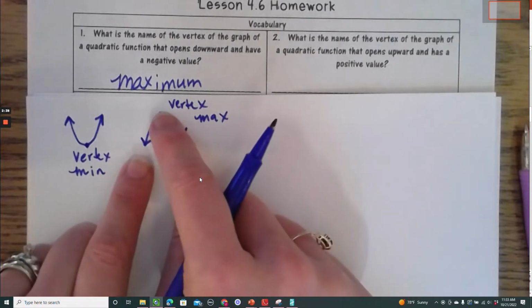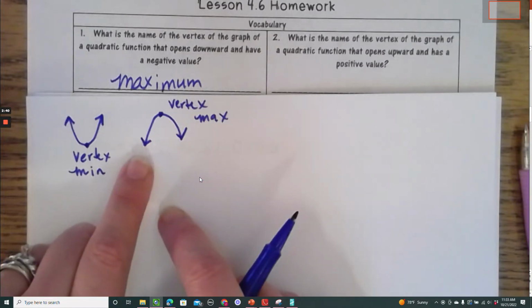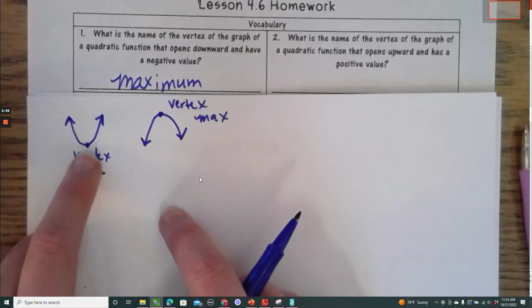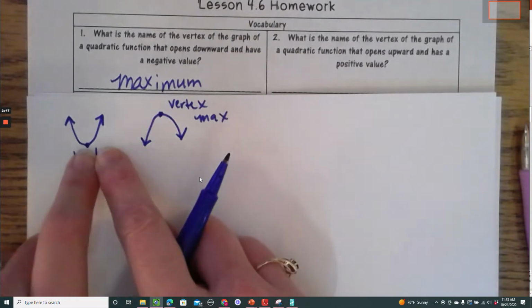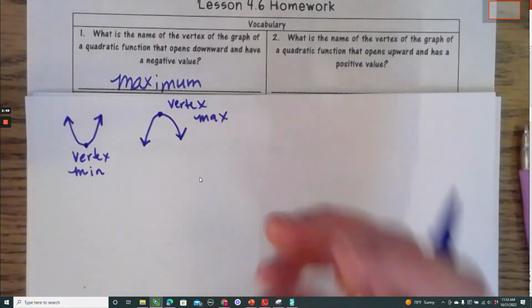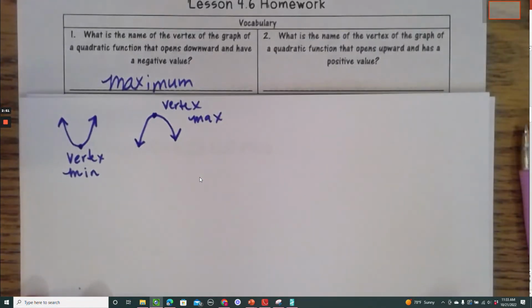So all numbers less than that y value. Okay? If it opens up like this, then your range is going to be all values greater than that point. So quadratics are a little bit different when it comes to domain and range.